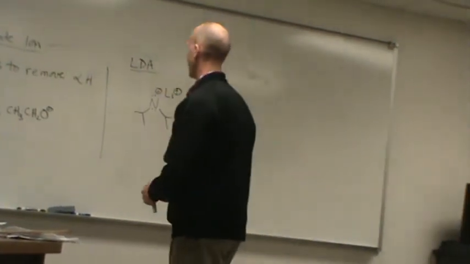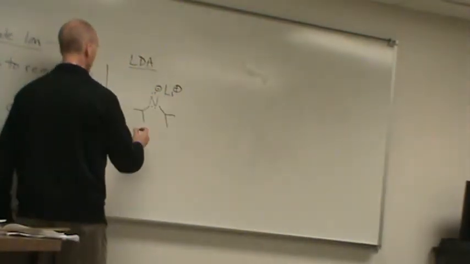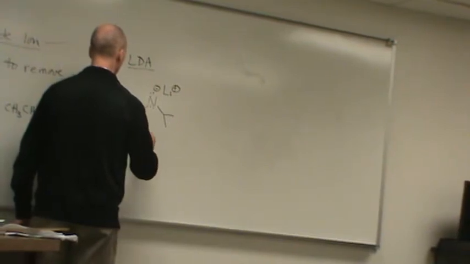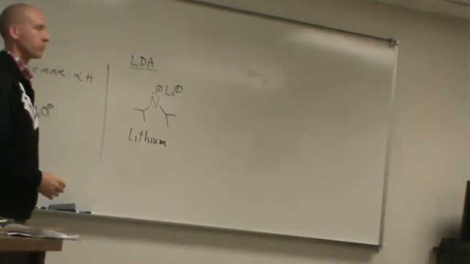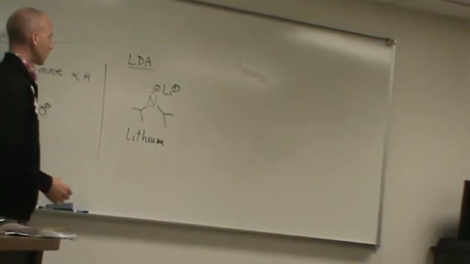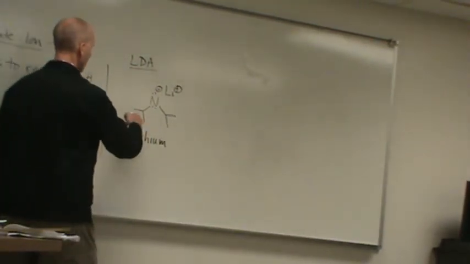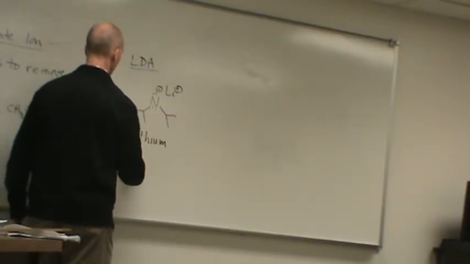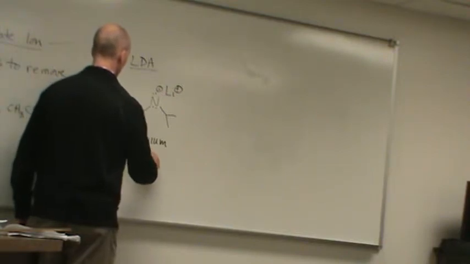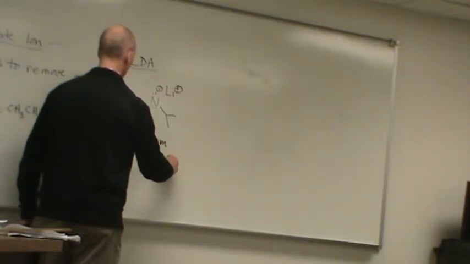So how would we name that? Well, we name the metal part first. So that's lithium. Then I have these isopropyl groups on the nitrogen. So that's diisopropyl.